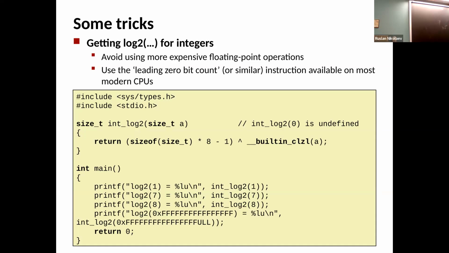We subtract: 64, the size of size_t is going to be 8 in our case, multiplied by 8, is 64 bits. 64 bits minus 1 is 63.